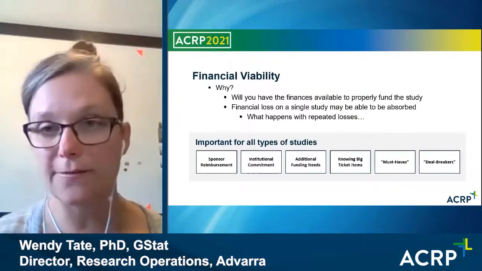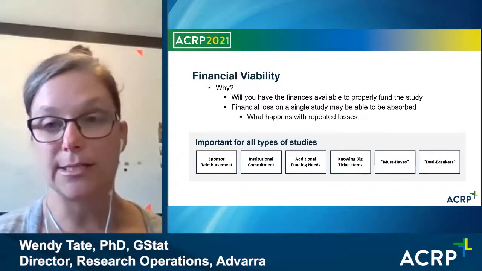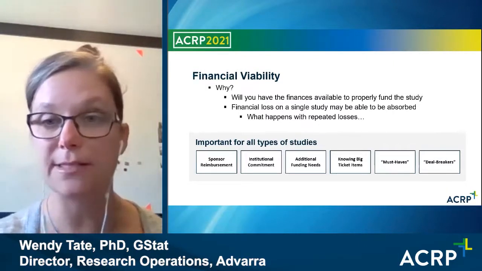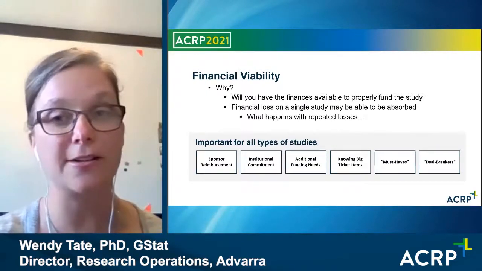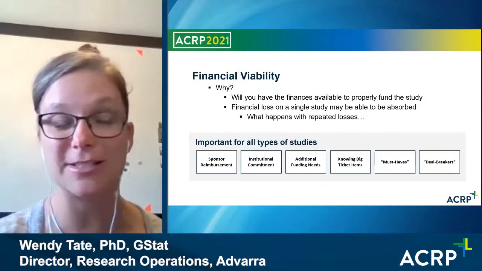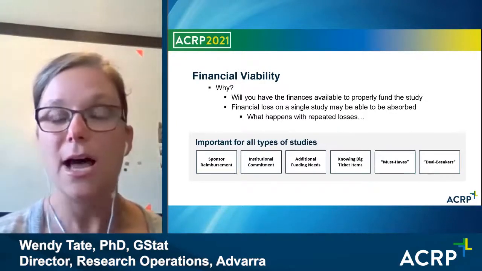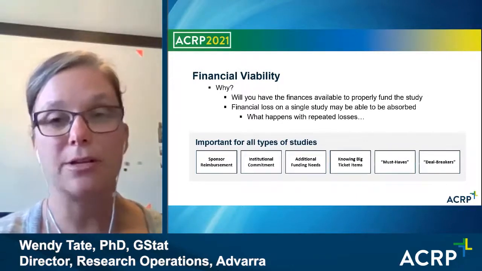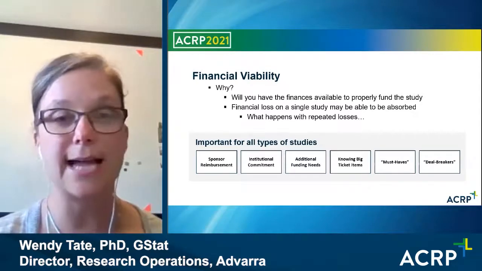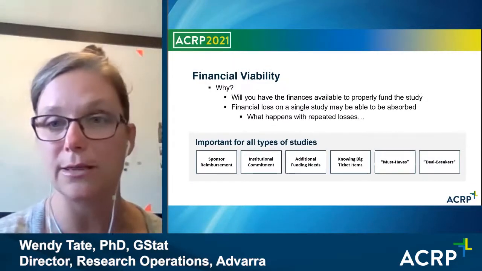Why do you want to consider financial viability upfront? Well, we already know that it's very expensive to conduct trials. Tufts has reported over the last several years that it takes a lot of money. 2.5 billion was the 2011 number to get a drug all the way through development. And with the clinical phases costing so much of that money, and when you take a look at it per site, the sites obviously are absorbing a lot of that cost because they are the boots on the ground conducting the research.